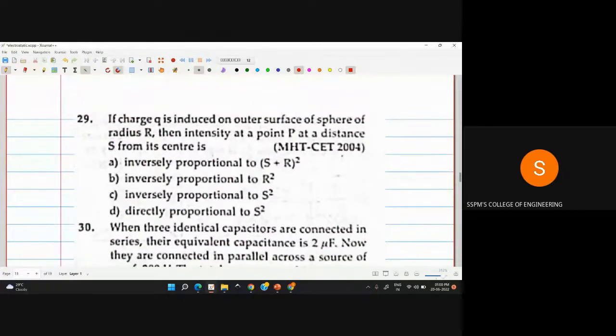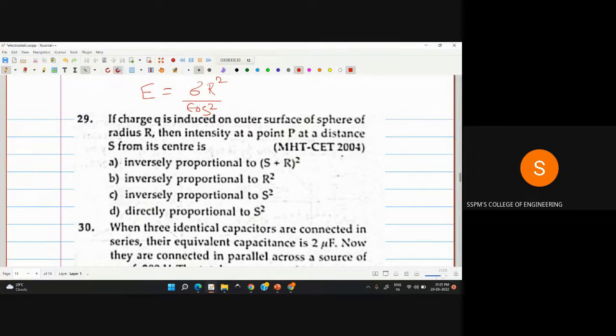This one, C. If charge Q is induced on the outer surface of a sphere of radius R, that is a sphere with radius R, and Q charges are induced on it, then the electric field is equal to sigma into R square divided by epsilon 0 into S square, where R is the radius of the sphere and S is the distance between the observer point and the location of the sphere.